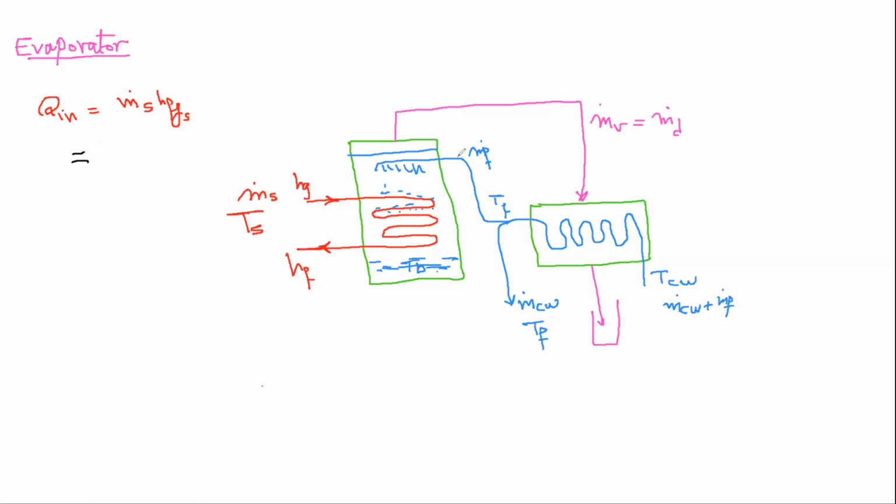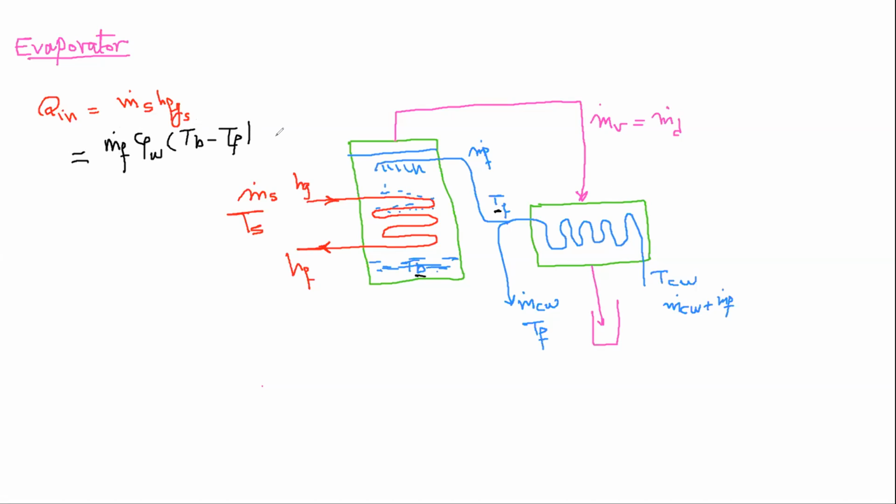Number one, it's going to take the feed and heat it from TF to TB. So there's sensible heating here, m dot feed, Cp of the water, TB minus TF. So part of the energy that has been spent by condensing the steam is going to heat all the feed from TF to TB.